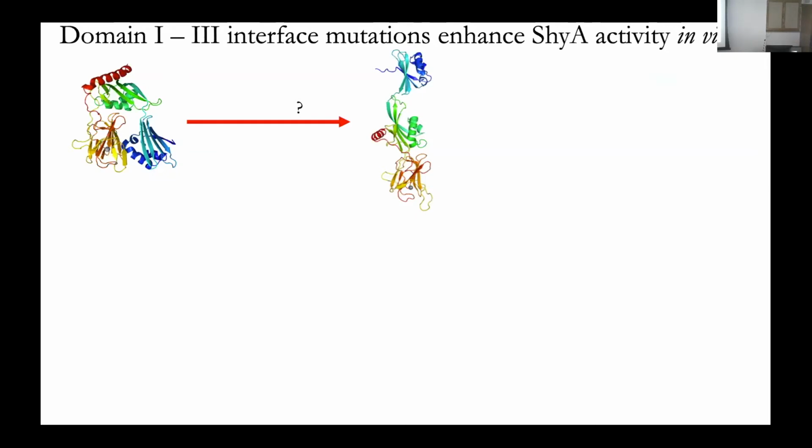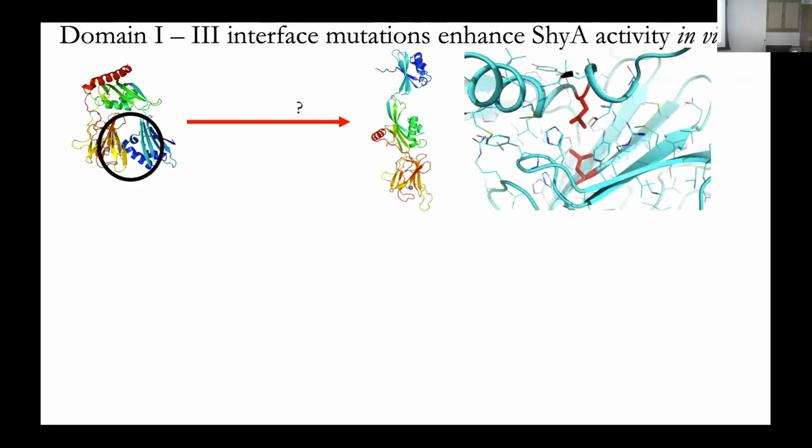Deleting a third of the protein is kind of a crude machete-type method, of course, so we looked a little closer. What other mutations might favor this open conformation? And we looked at the interface between domain 1 and domain 3 that's supposed to be inhibitory. And there are several residues here that are predicted to mediate some sort of an agglutination of these two domains.